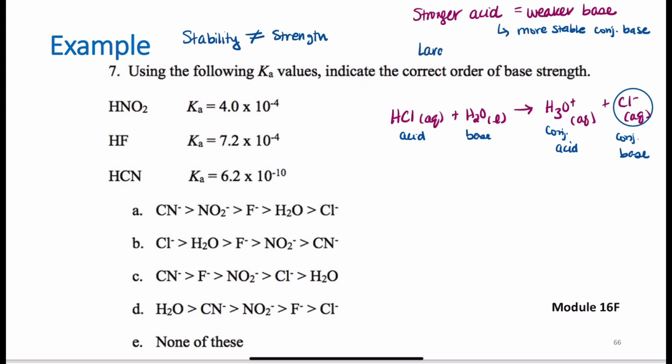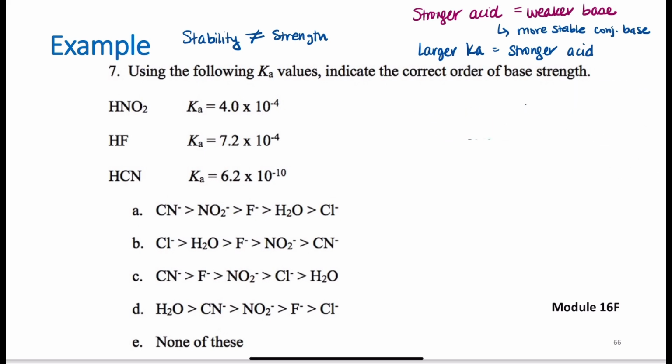Also remember, the larger the Ka value, the stronger the acid. So let's look at the species we have down here. We have HNO2, which is nitrous acid. We have HF, which is hydrofluoric acid, and HCN, which is hydrocyanic acid. And I also can see I have some water and some chloride in here, okay?